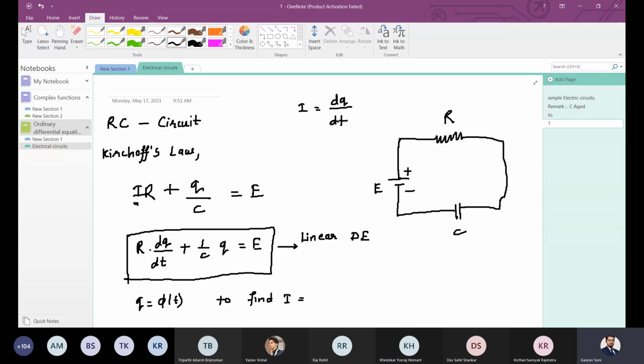Q is something that you have and you need to find I. Yes, you're right. I is equal to dq by dt. So these two things are possible. Okay. These are the two circuits.